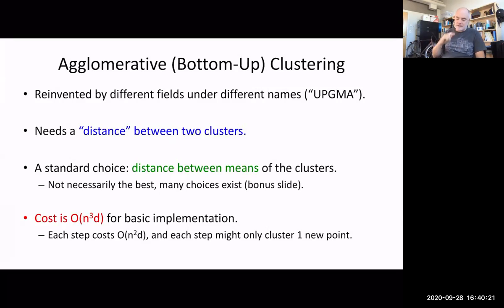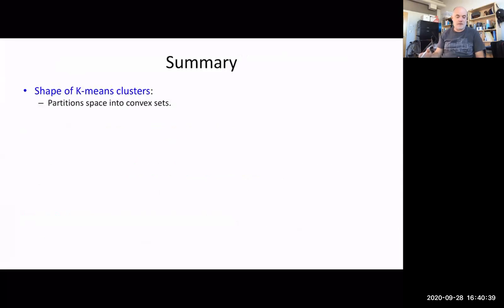Because you have to constantly scan over all the existing clusters, the cost is cubic in n for a basic implementation, which is not particularly pretty, but you get much more from it.